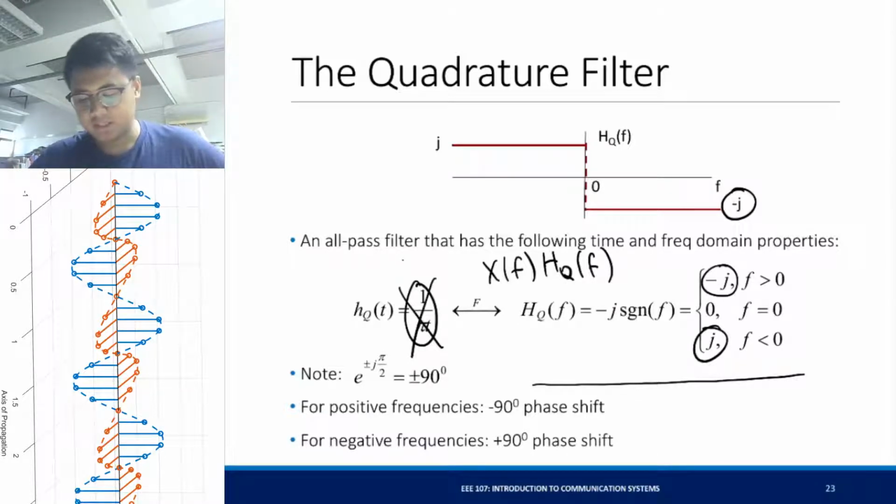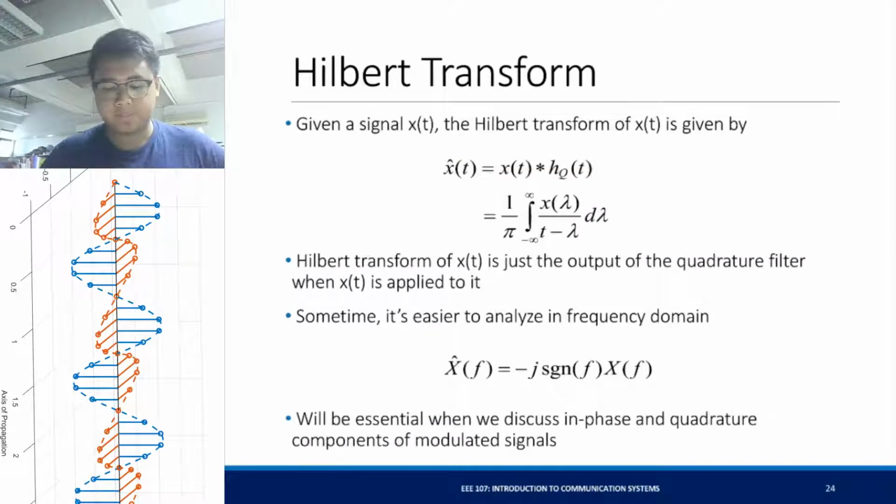If you have a signal, put it in a quadrature filter, you get a phase shift in your positive and your negative frequencies, different phase shifts actually. So what is its use? It's used for what we call the Hilbert transform. Given a signal x of t, its Hilbert transform is taken from convolving with the quadrature filter, basically by putting your x of t in a quadrature filter.